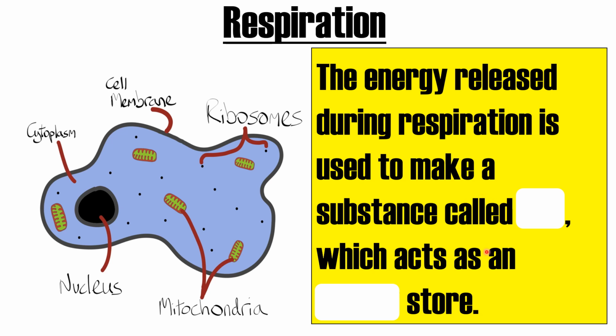So respiration is turning the energy in glucose into another form of energy, and the energy released during respiration is used to make a substance called ATP, and it acts as an energy store. So glucose itself, the body or cells cannot use that directly as an energy source, so what it has to do is turn it into ATP.